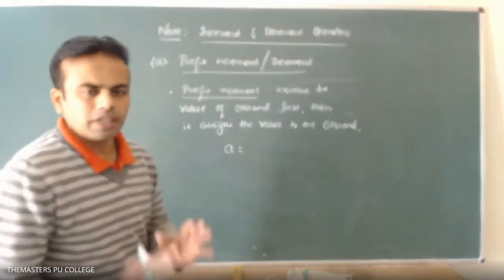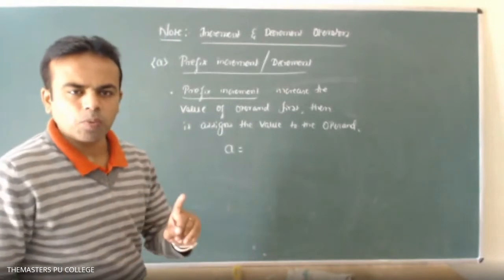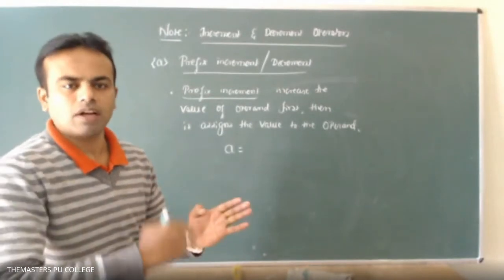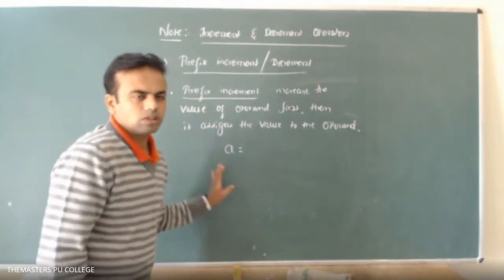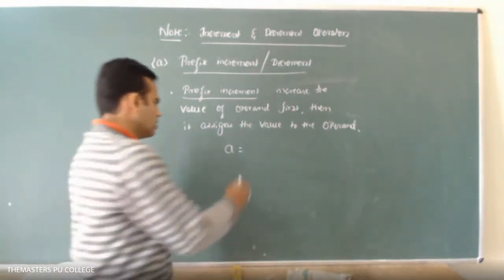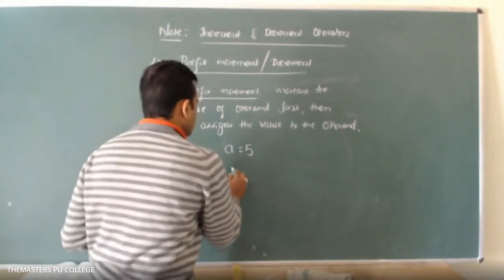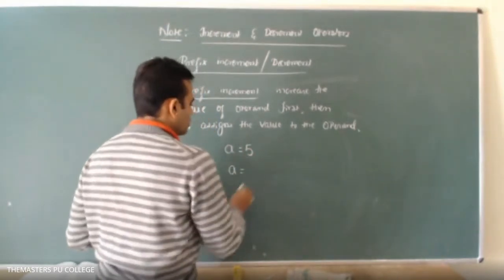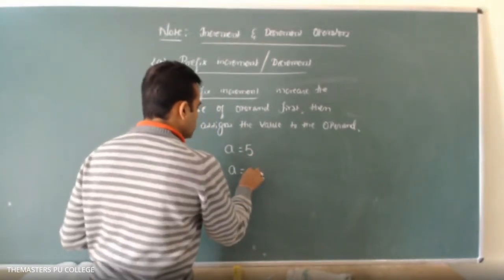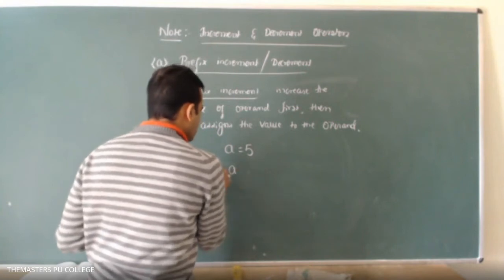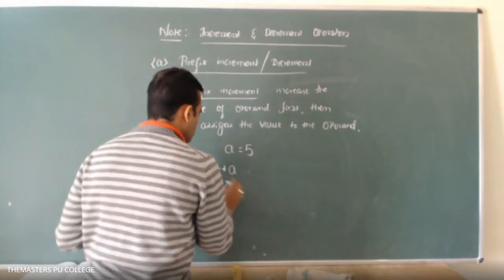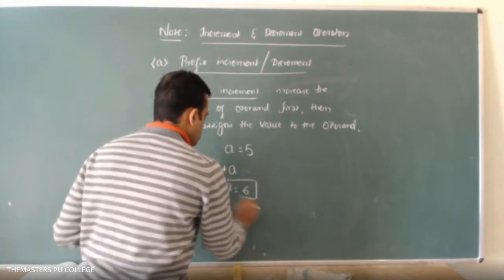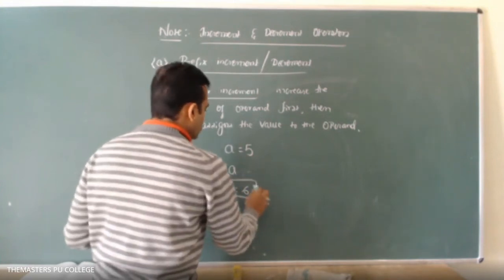Say the value of A is 5. Immediately A is increased: here I write plus A. Then what does the value become? A is 6. Later on it assigns the value.